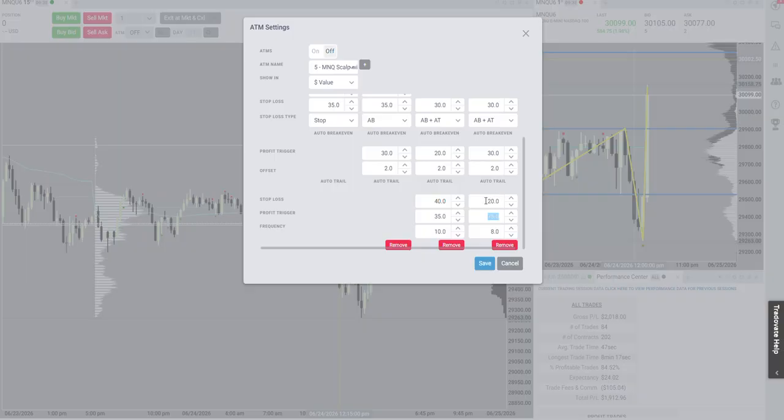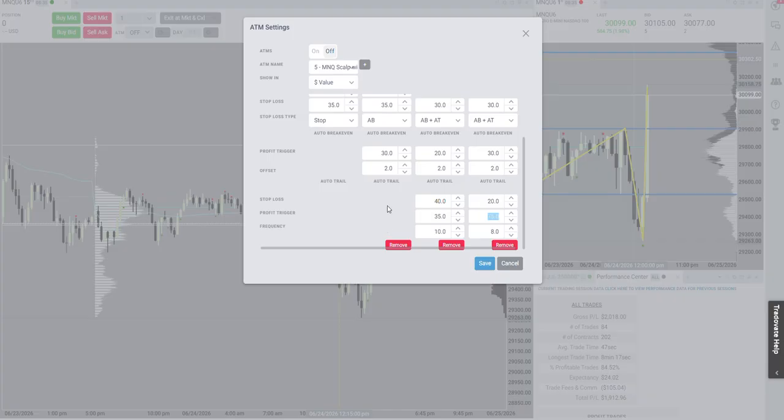It's just boom, I lock it in, and then it trails. I'm not quite sure how the frequency works, but whatever. I usually just feed these stops to price.